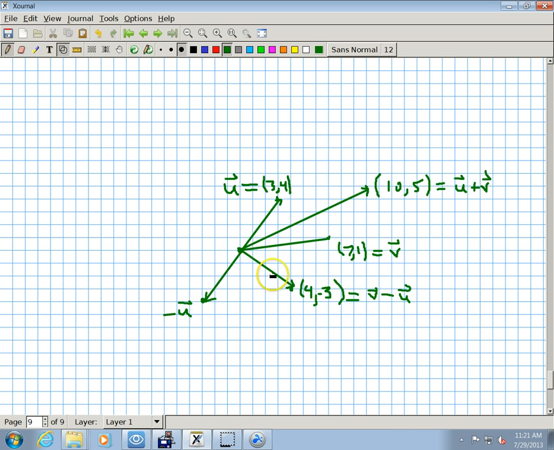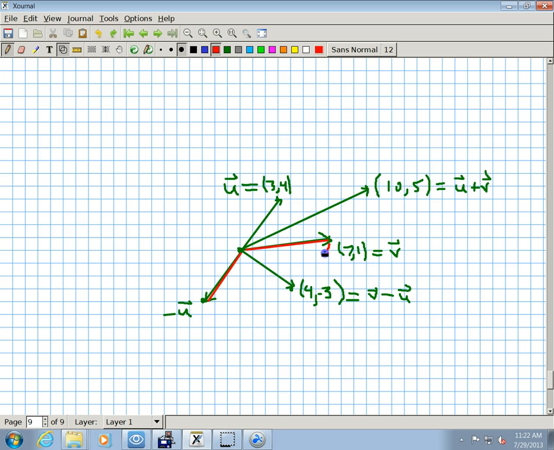So is it true that this is the diagonal of this parallelogram? Should I make it red? Let's make it red. All right, so think of a parallelogram made up of those two red sides. Is that the diagonal? So to subtract V minus U, I'm really adding V and negative U. So still adding, it's still a resultant, it's still the law of parallelograms.